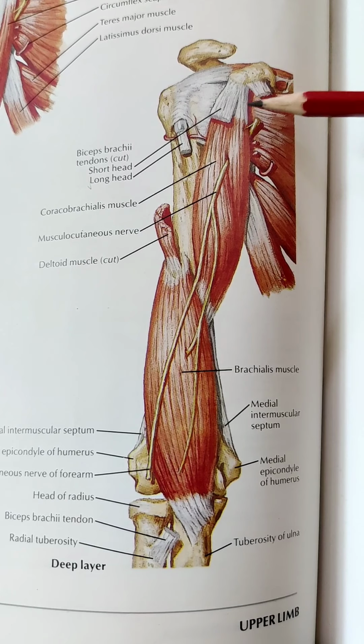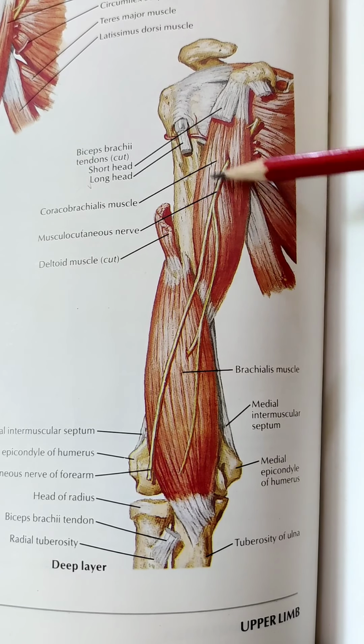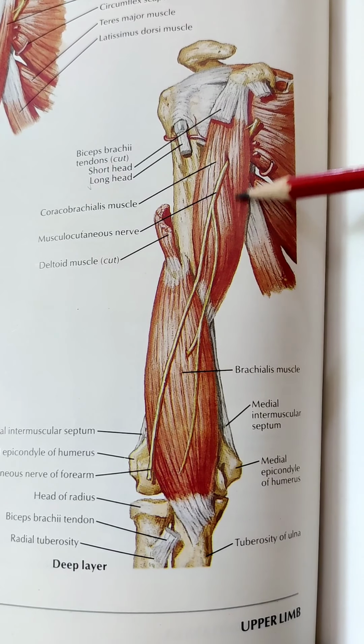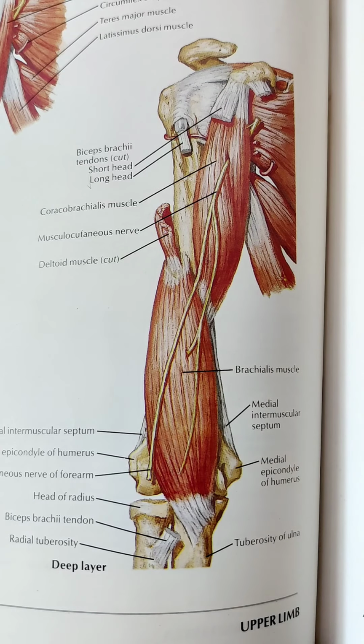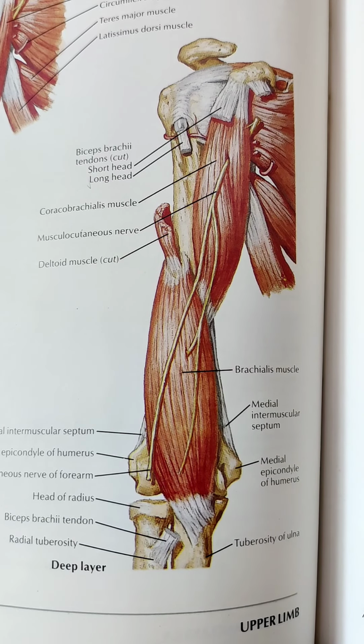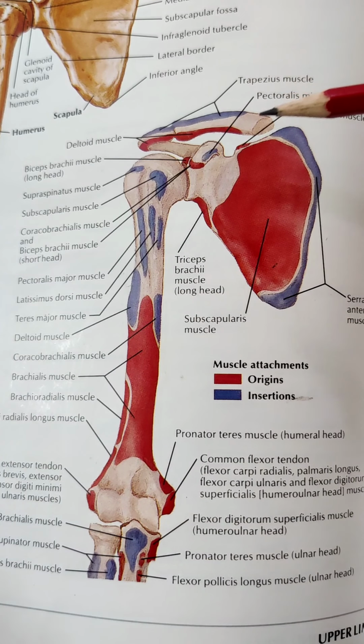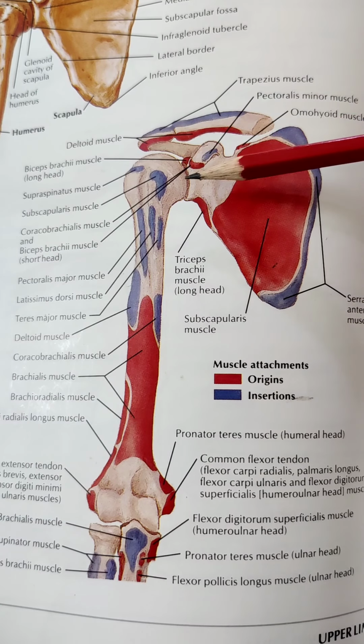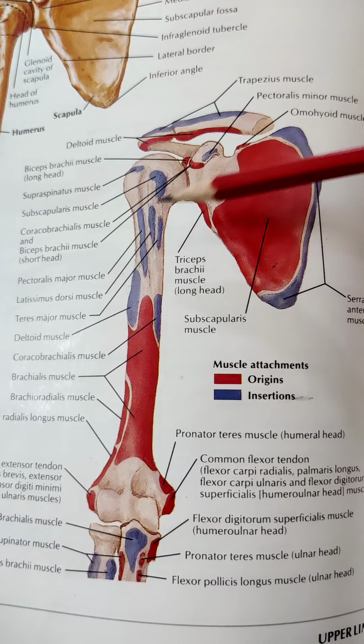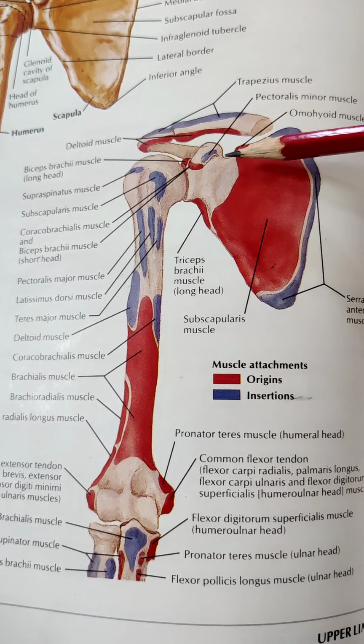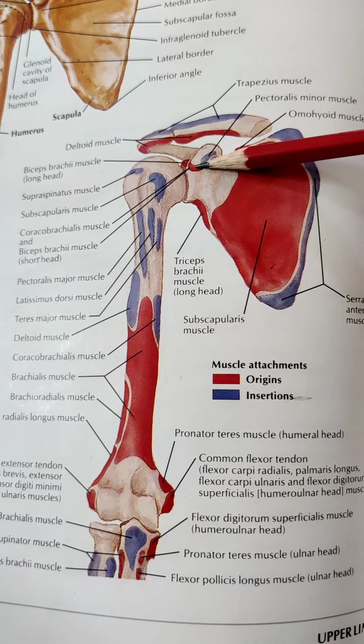So this here is the coracobrachialis muscle, and it originates from the coracoid process of the scapula. Moving on to the anterior view of the humerus here, as well as the scapula, the red parts show the origins of various muscles.